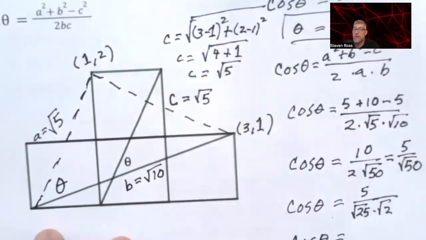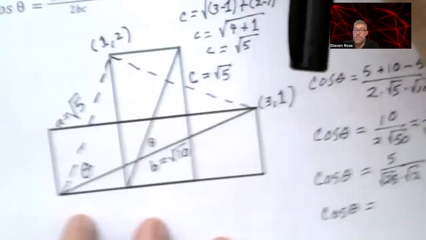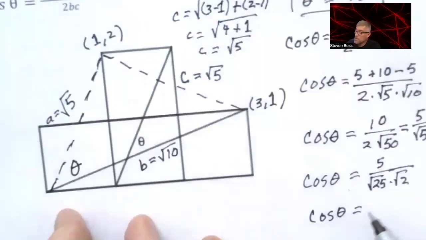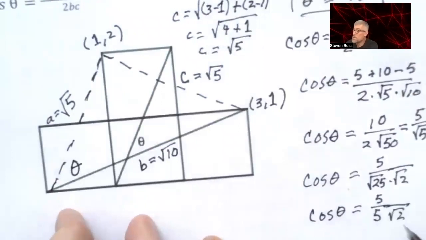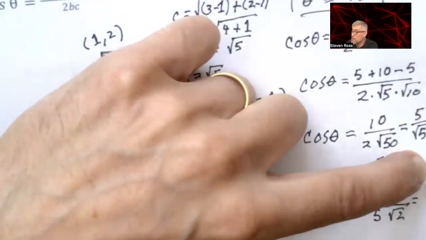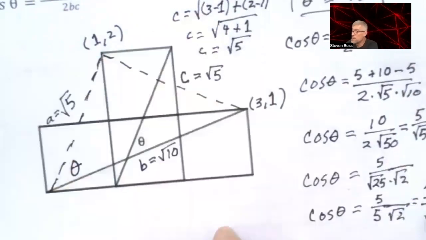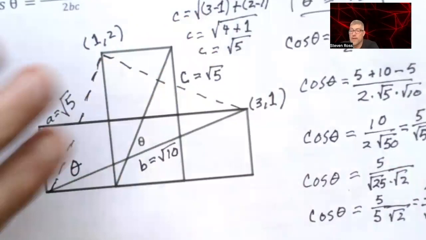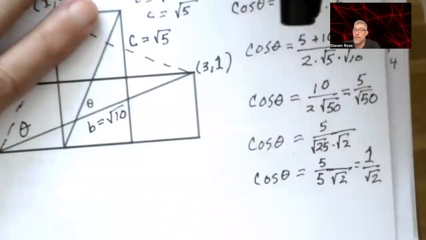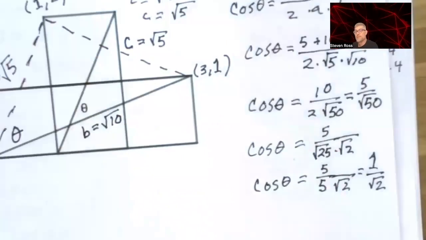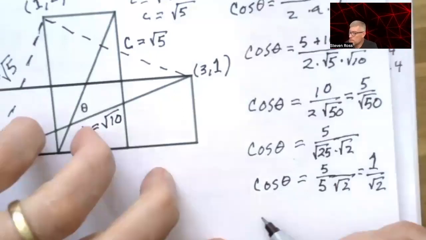So cosine of theta is equal to 5 over 5 times the square root of 2, which is 1 over the square root of 2. And there's that very familiar 1 divided by the square root of 2 again.